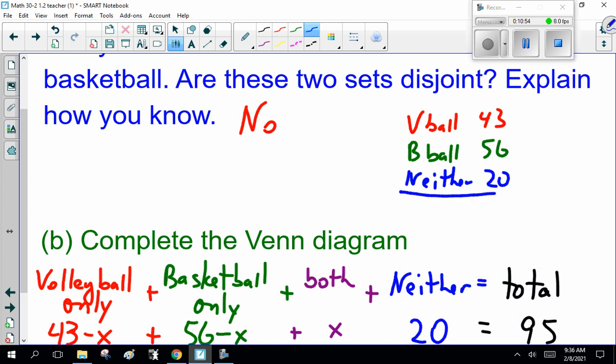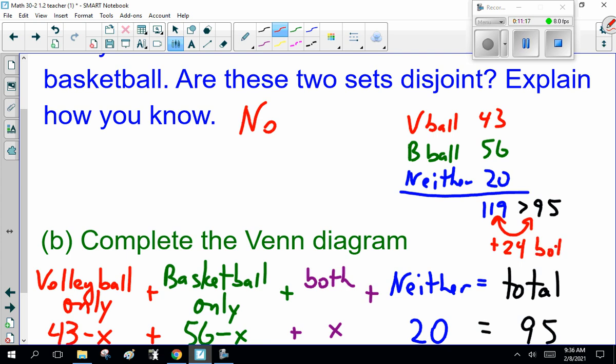There's 20. Now that is 119, which is greater than 95. We have a total of 95 students, but when we count, we get 119. That is 24 more, or counting 24 students twice.